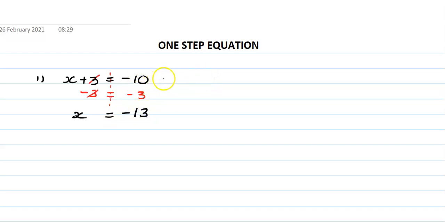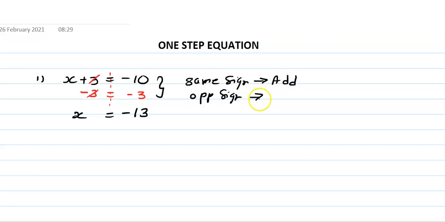Here we are using the same thing: if it is the same sign, then you need to add, and if the signs are opposite, then you need to take away or subtract. Then after doing this, put the sign of the big number.